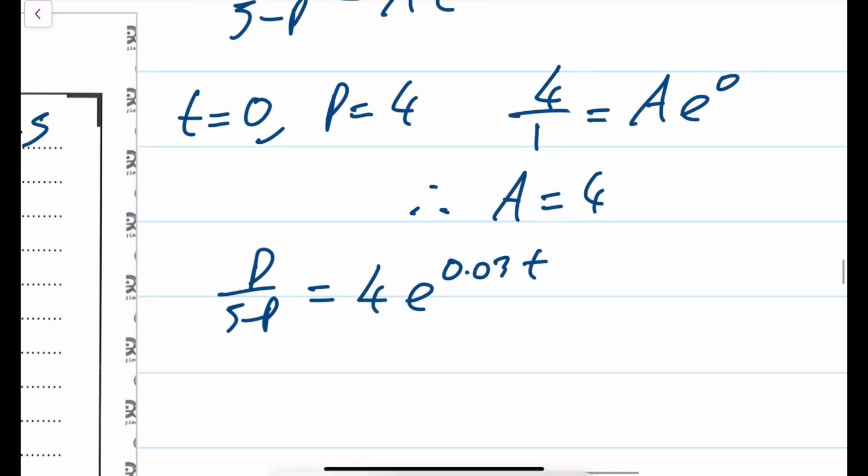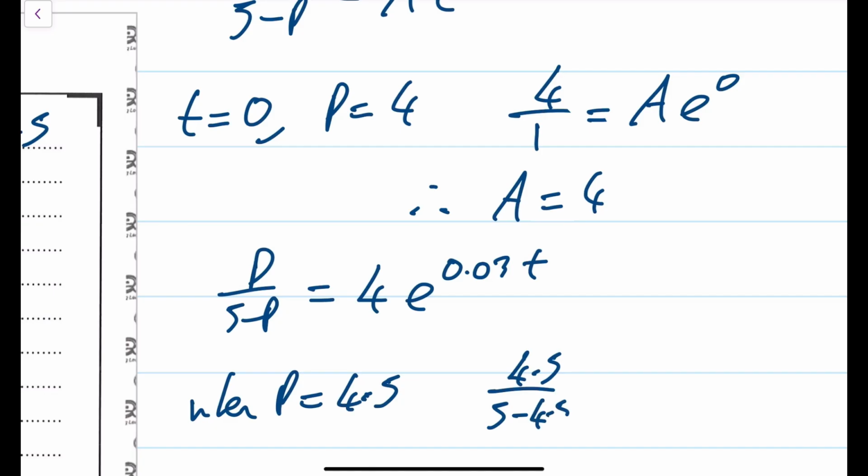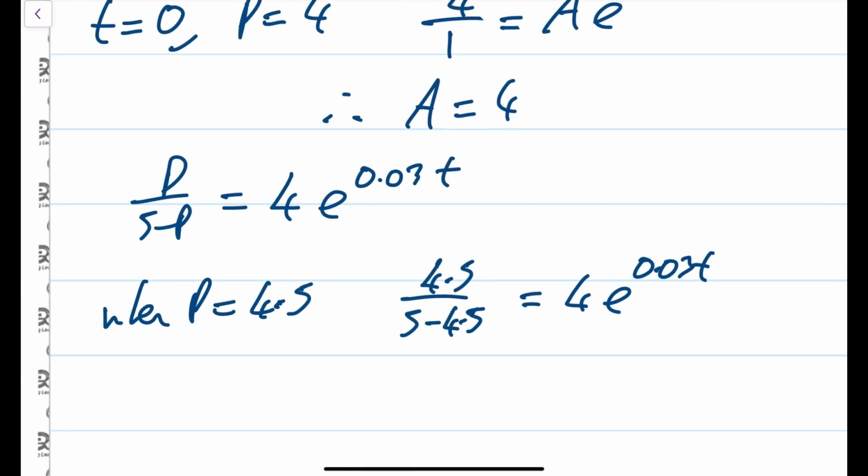And then just say when P was equal to 4.5. Remember, that was 450,000. That means 4.5 over 5 minus 4.5 is equal to 4 e to the 0.03t. This would then work out to be 9 is equal to 4 e to the 0.03t.